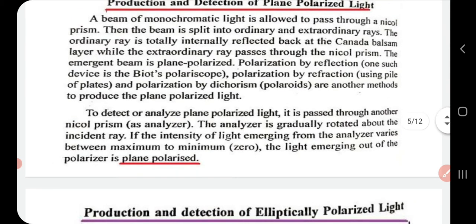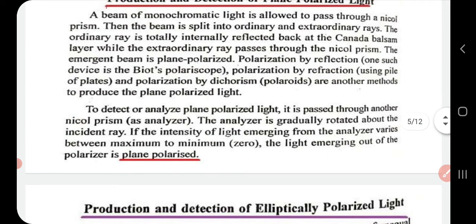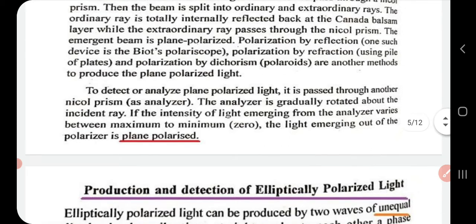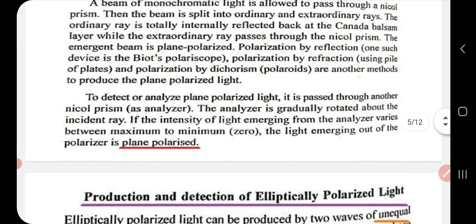So the light that comes out from this process will be plane polarized light. We have also discussed some other methods of producing plane polarized light, which are polarization by reflection, by refraction, by dichroism, etc. So now we have produced plane polarized light.